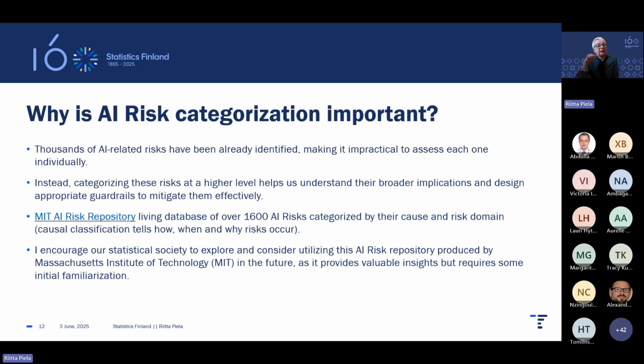It's been generated by MIT researchers, and there are at the moment over 1,600 AI risks categorized by cause and risk domain. The causal classification also tells you how, when, and why these risks occur. So I really encourage the Statistical Society to explore and consider utilizing this AI risk repository. It's a really good tool for identifying risks.